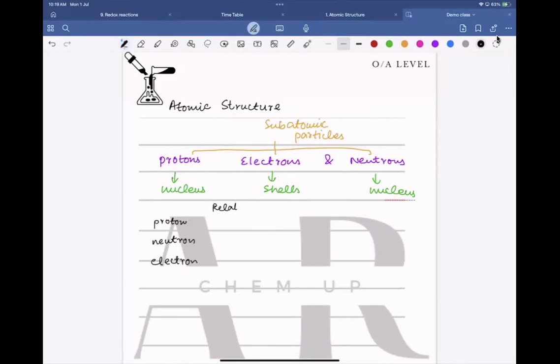So we have their relative charge, and you must know their relative mass as well. These are not their actual mass or the actual charge. So the relative charge for proton is +1, neutron has no charge, and electron has -1 charge. That is again its relative charge, not the actual charge.